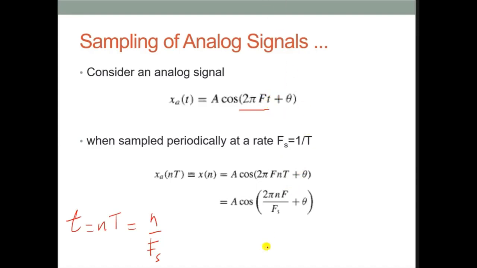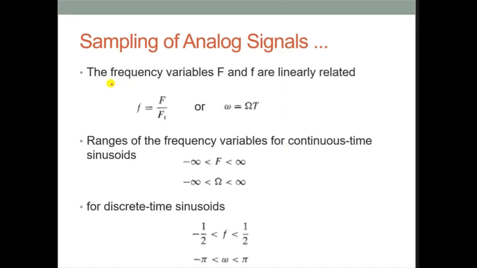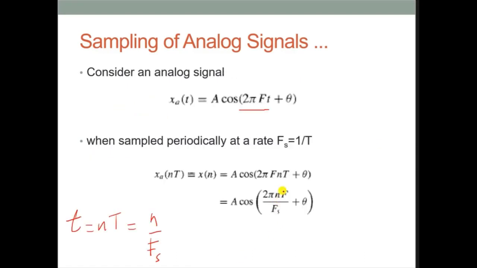Now if you look closely, the frequency variables, capital F and small f, are linearly related. So small f is F over Fs. So this is A cos(2πfn), where f equals F over Fs.